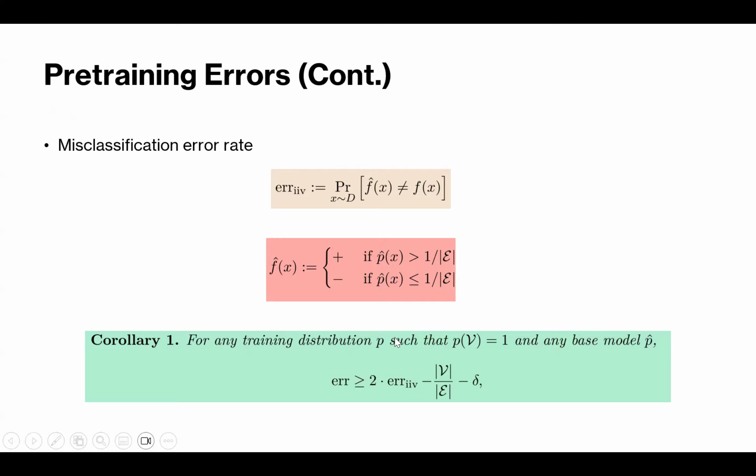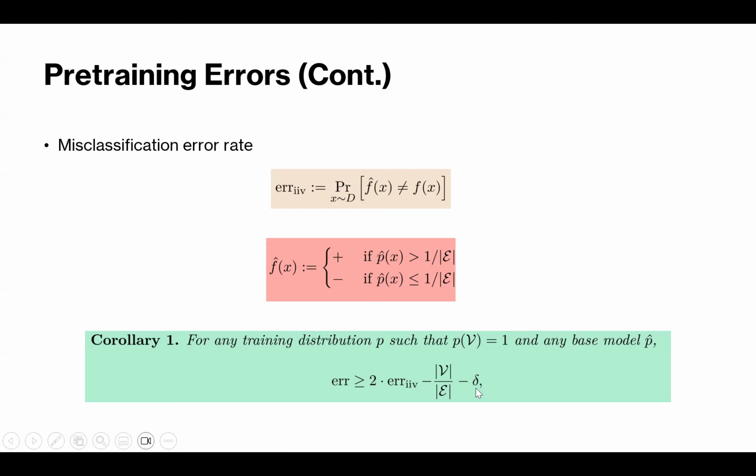For any training distribution P such that PV is equal to 1, so there is no error, ideal conditions, and any base model P hat which tries to learn that ideal noiseless distribution, the error in the learned probability distribution would always be greater than or equal to 2 multiplied by the error in IIV minus these parameters.